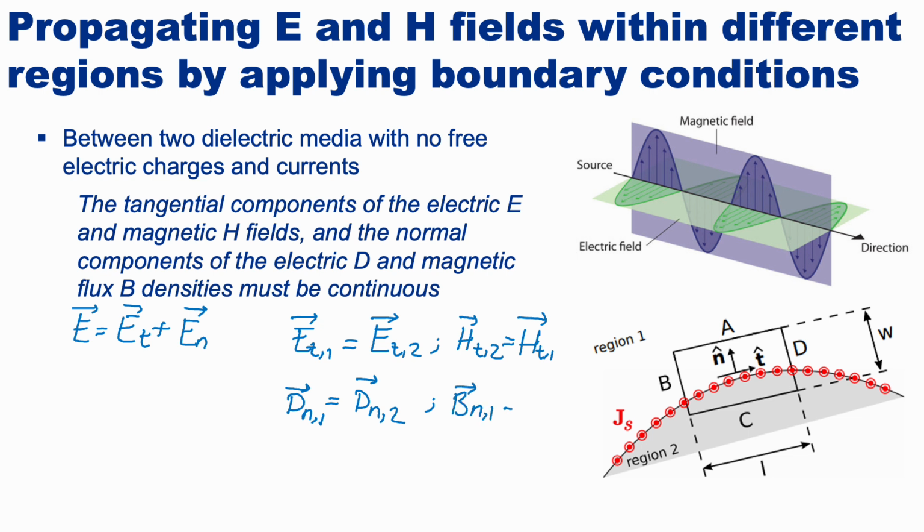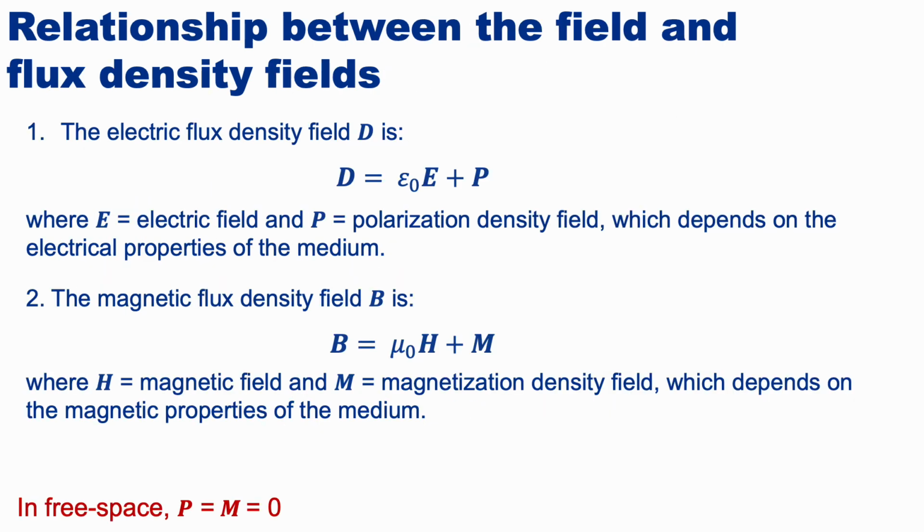The normal components need to be the same. So when we are moving from one medium to another, we need to satisfy those boundary conditions. Otherwise, light is not going to go through, and we know that light moves from one medium to another.